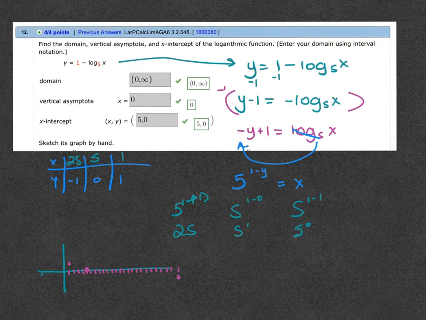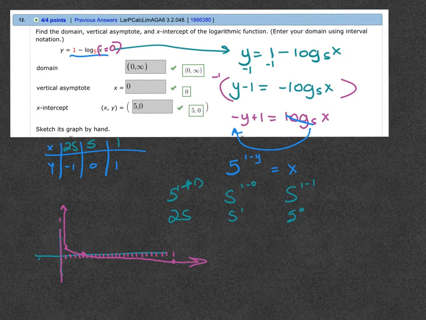And because we know the transformation says that this is up 1 and upside down, and I have a vertical asymptote at x equals 0 because there's nothing in there, I should know my graph looks like that. It's flipped upside down.